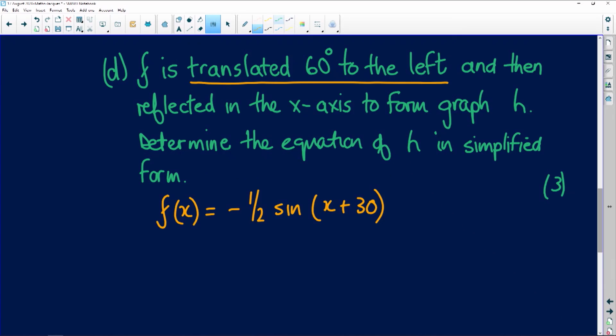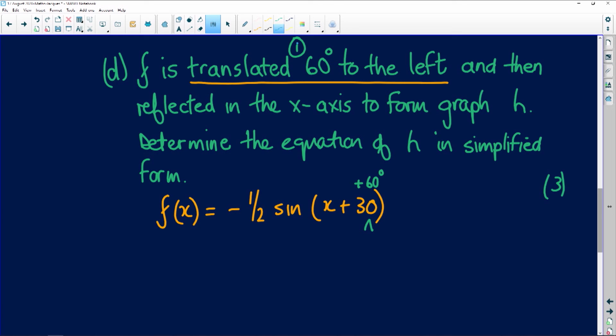Now remember, if you move to the left in your head, you're subtracting, but actually in that equation, you're going to add. So what happens? It is a phase shift. So here, I need to add 60 degrees. Then I have actioned my first transformation.